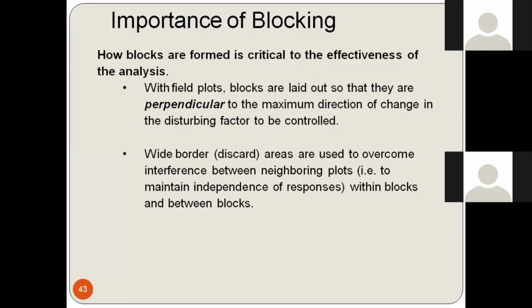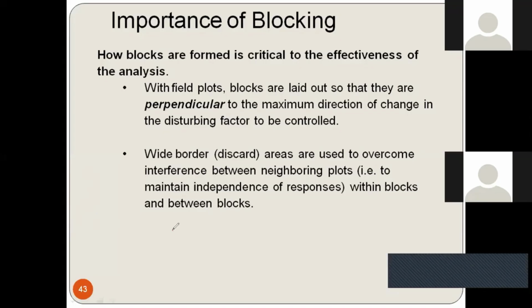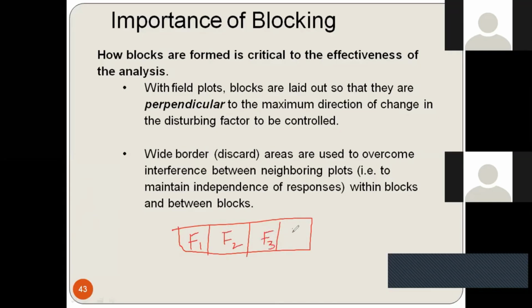Suppose you are doing a small experiment. So here you have a fertilizer experiment: 1, 2, 3, 4. Let's say F1, F2, F3, F4. The blocks are much closer.